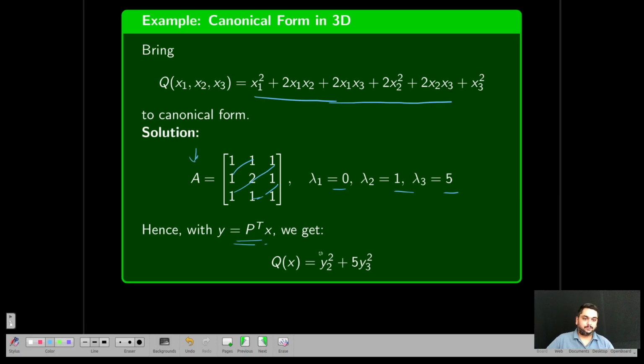So Q of x will be written as lambda 1 into y1 square plus lambda 2 into y2 square plus lambda 3 into y3 square. So lambda 1 is 0, plus 1 y2 square plus 5 y3 square.